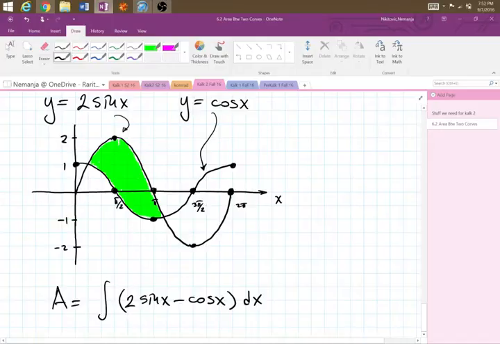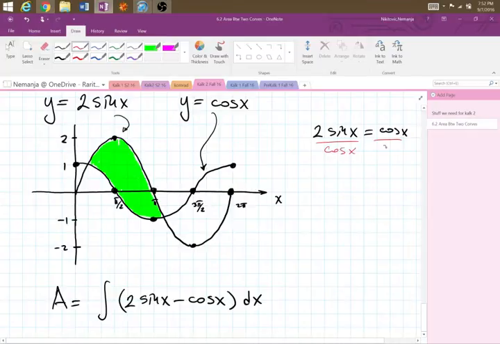Yes? I'm thinking I don't want to actually add cosine to both sides to get two sine. Well, we set them equal to each other first, right? Yeah. Okay. Then you divide cosine from both sides to get two tangents. Okay, so divide cosine into both sides, sure.